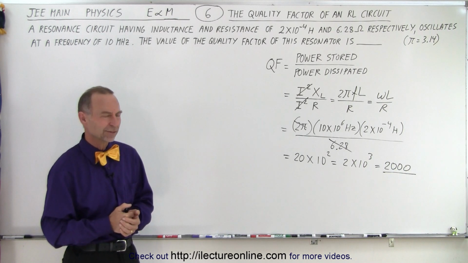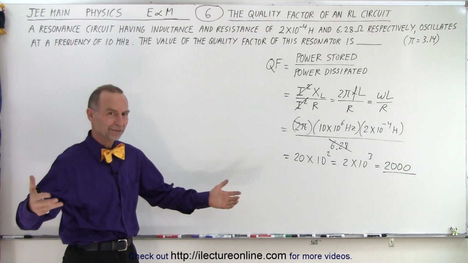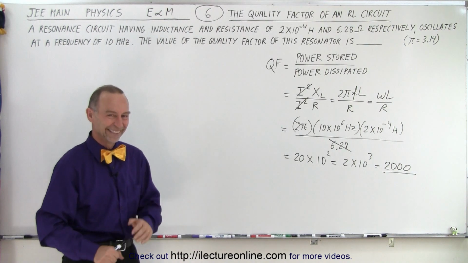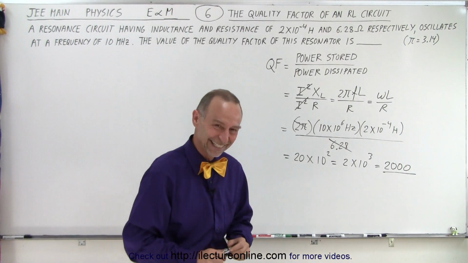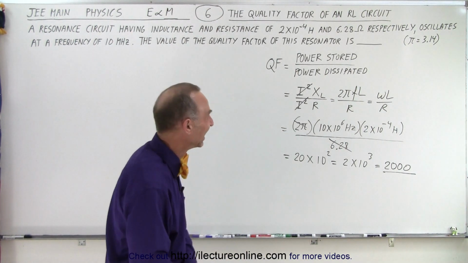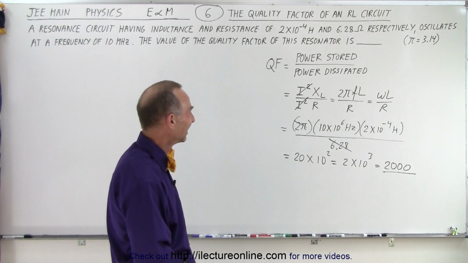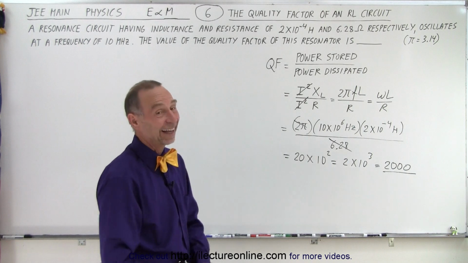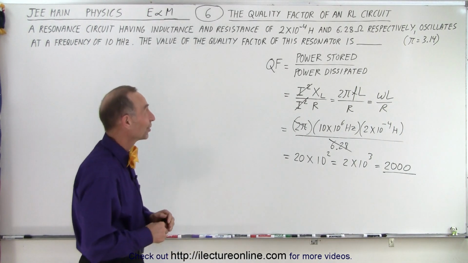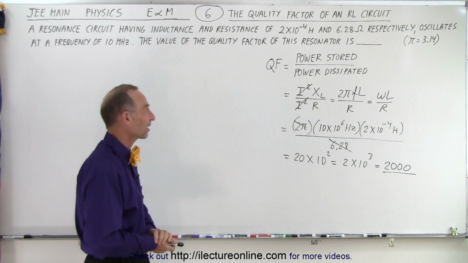It's kind of a mean question, don't you think? Quality factor, who knows what that is? Well, if you see that 6.28 is twice the pi they give you, then you kind of get a hint there. Yes, actually that's a really good point. So let's say you have no idea what the quality factor is.